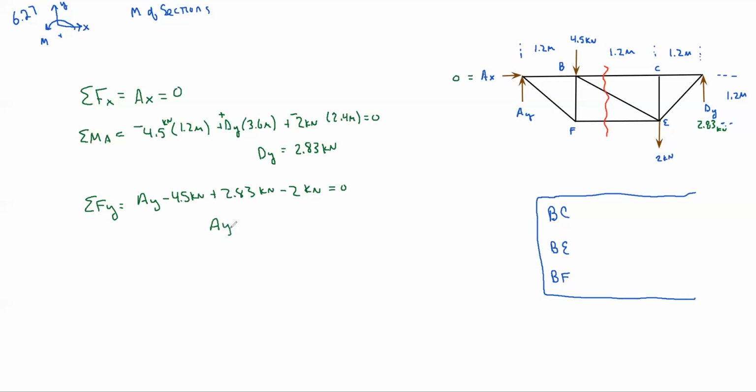Therefore, AY is equal to negative 6.5 plus 2.83, so 3.67 kilonewtons. And I'll go ahead and fill that in. There we go. All right, I'm going to pause the video while I get the board set up for the next part of the problem. Be right back.